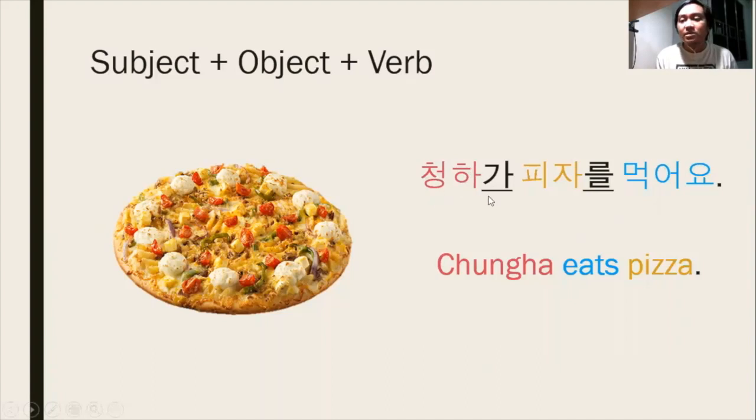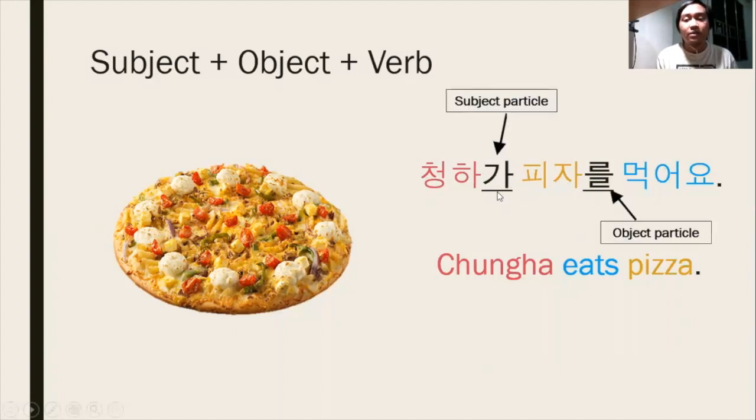And in this sentence, there are two particles, 가 and 를. 가 is a subject particle, which tags 청아 as the subject of the sentence. And 를 right here is the object particle, which tags 피자 as the object of the verb 먹어요.